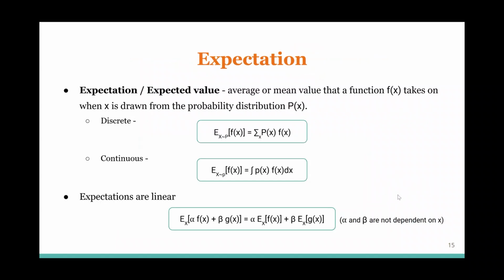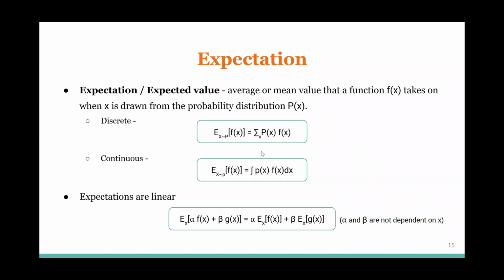Next, we have expectation. So expected value is asking the question, say you draw a random sample from a probability distribution, what do you expect that to be on average?